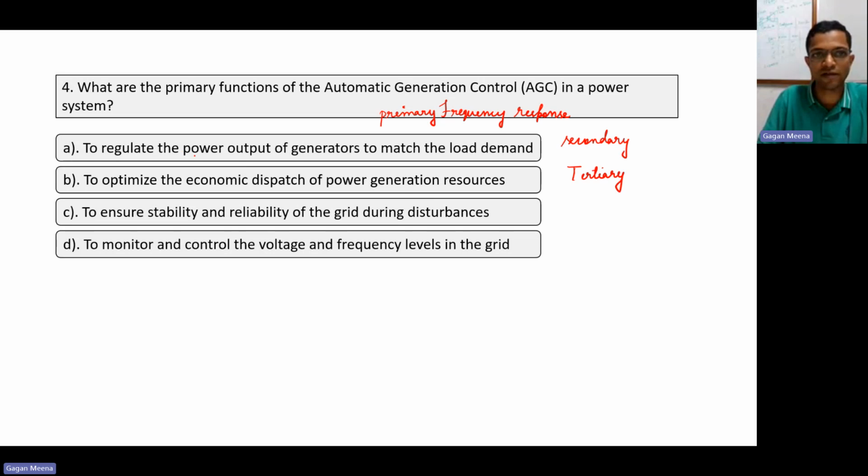Yes, so to regulate the power output of generator to match the load demand, yes, this is correct. To optimize economic dispatch of power generation resources, to ensure stability and reliability of grid during disturbances, to monitor and control the voltage levels of the grid.